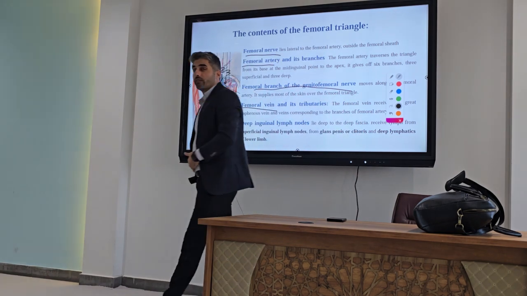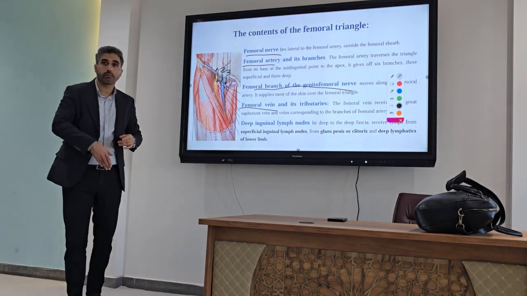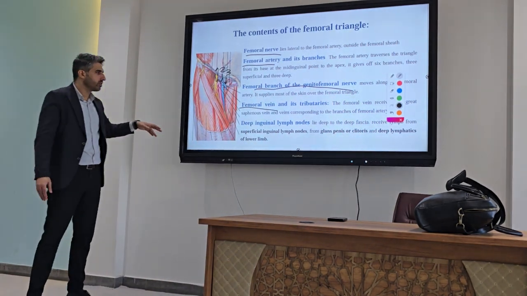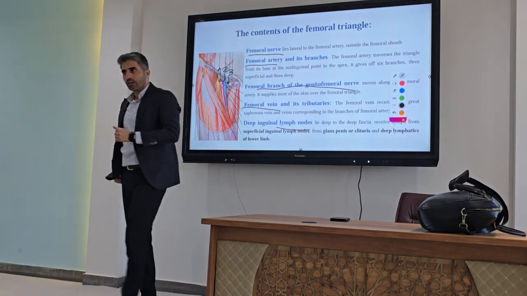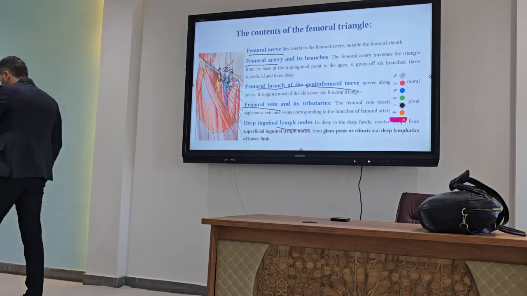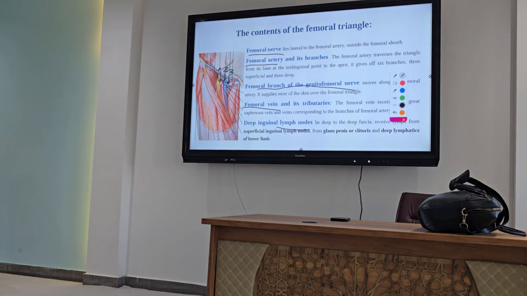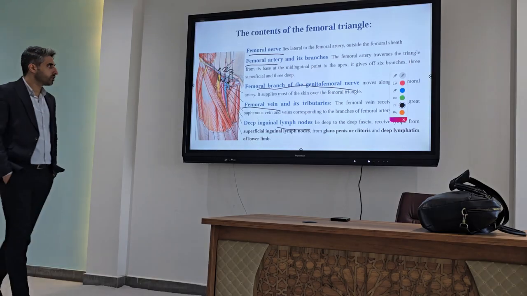I told you we have one nerve, genitofemoral, for genital system, and femoral is here, okay? And some lymph nodes, like axilla. In the axilla, we had a lot of lymph nodes. Here, we also have some lymph nodes, deep inguinal lymph nodes.